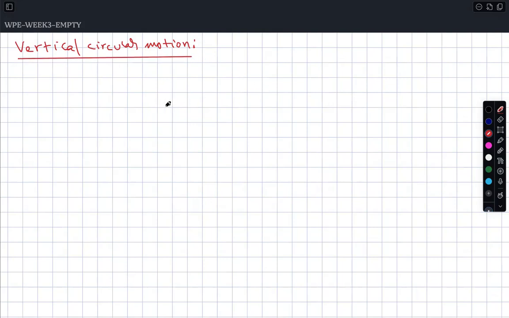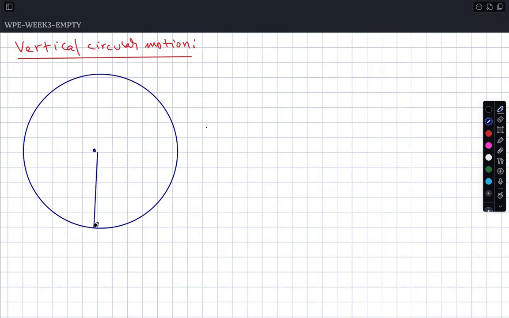Vertical circular motion. Right. Now imagine a situation like this. You have projected with some speed u.